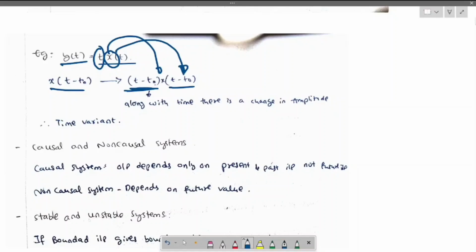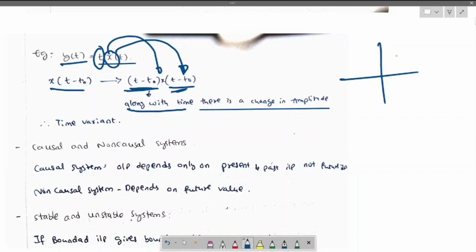What we discussed: if the property shifts only in terms of time, with the same shift in time, it is known as time invariant. If there is any change apart from that, it is known as time variant. Along with the time, there is a change in the amplitude, right?